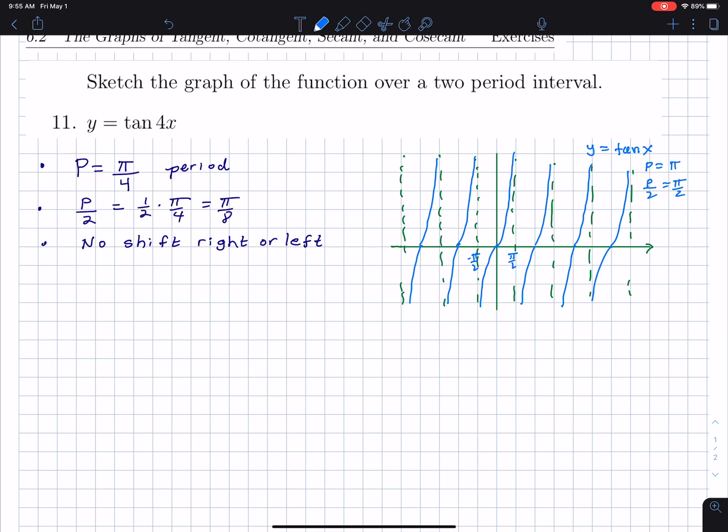So I start at 0 and I have pi over 2, then 2/2 pi, which is pi, then 3/2 pi, and then 4/2, which is 2 pi.